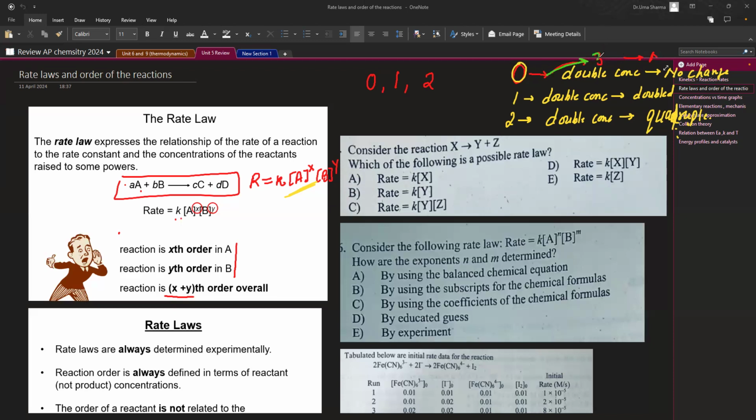If I triple the concentration and there is no change, you can say zero order. In first order, if you triple it, the rate also increases by 3 times. But in second order, if I triple it, the rate will increase by 9 times, 3 squared.